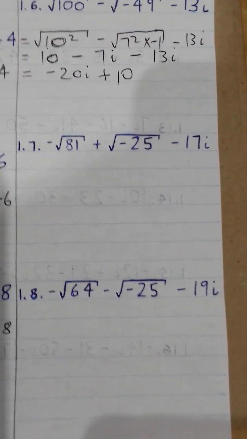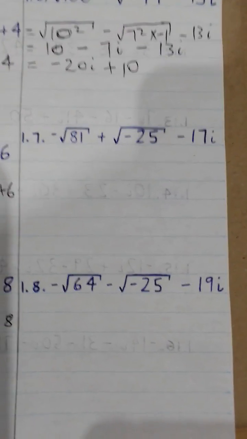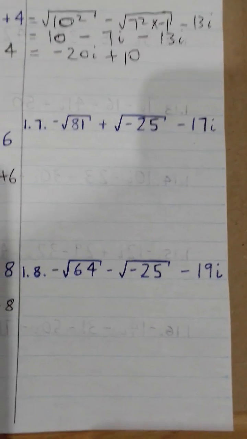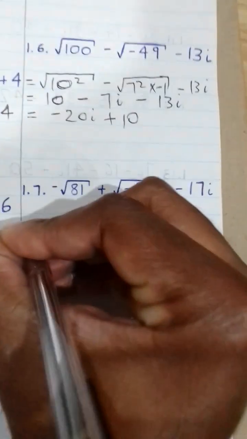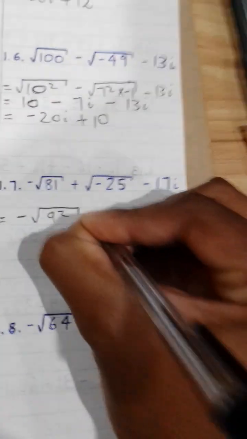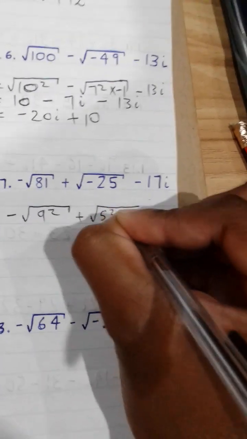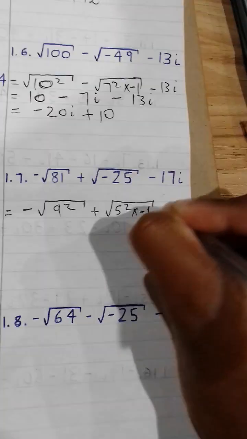1.7: negative square root of 81 plus square root of negative 25 minus 17i. Negative, 81 is 9 squared, plus 25 is 5 squared times negative 1, minus 17i.